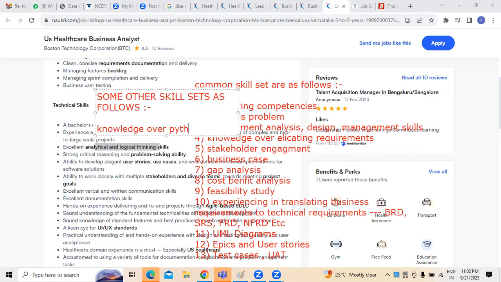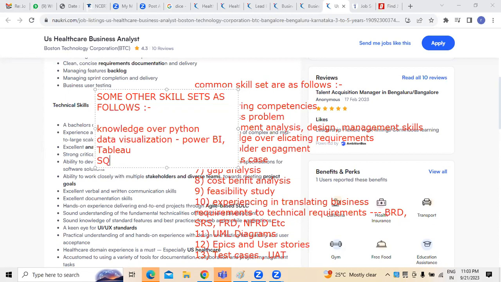They never ask that you need to have expertise, okay? Knowledge over Python. Next, data visualization knowledge. For this data visualization, there are two tools available. One is Power BI, second is Tableau. Any one of those.